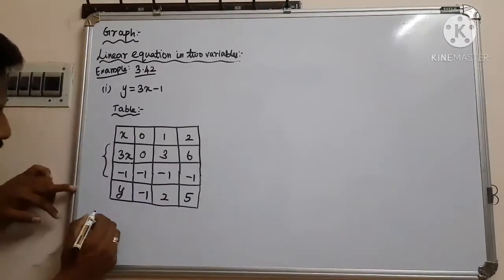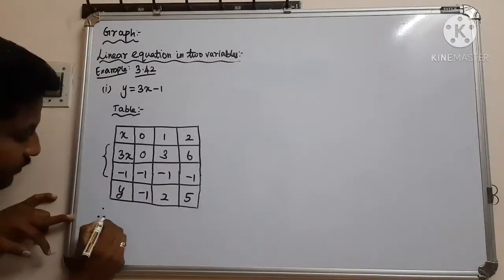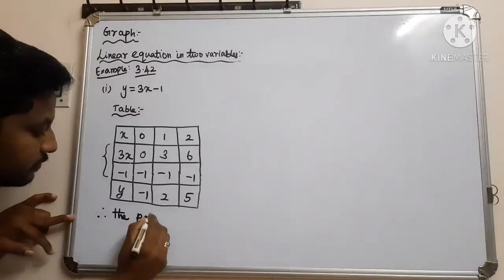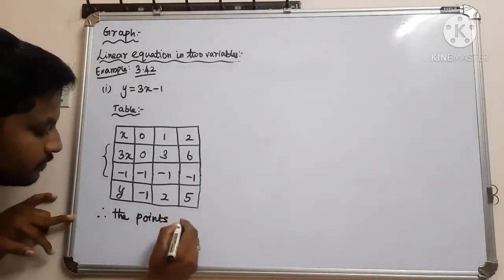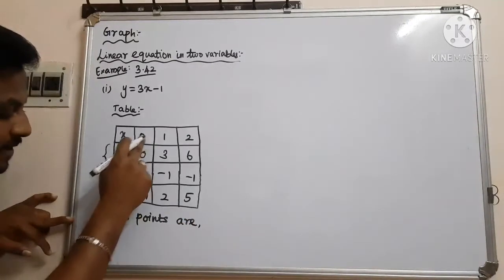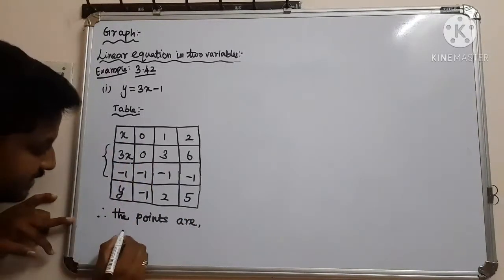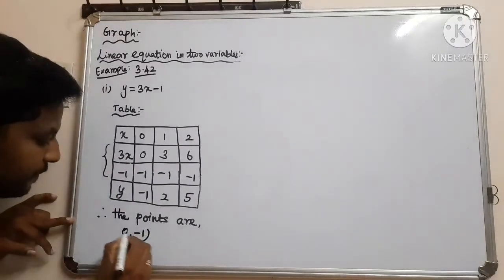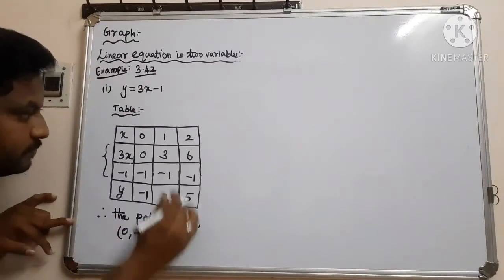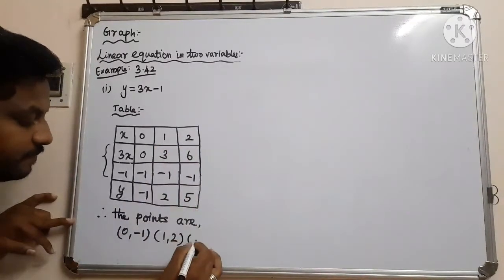So now you have to write the points. Therefore the points are, x and y only you have to write: 0, minus 1; 1, 2; 2, 5.